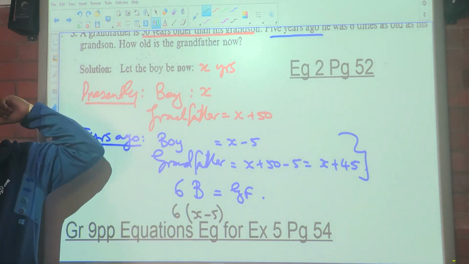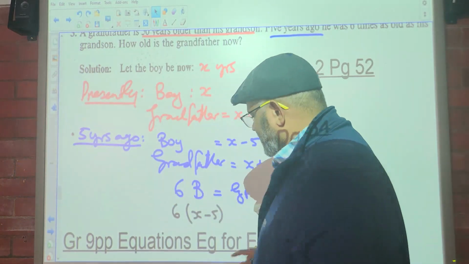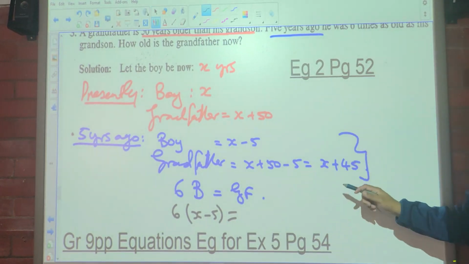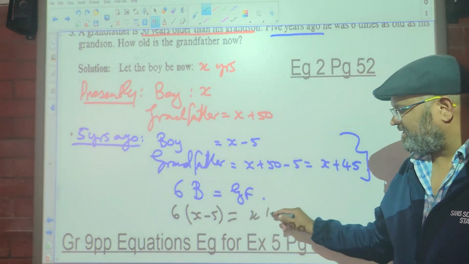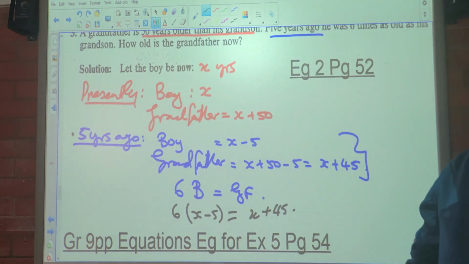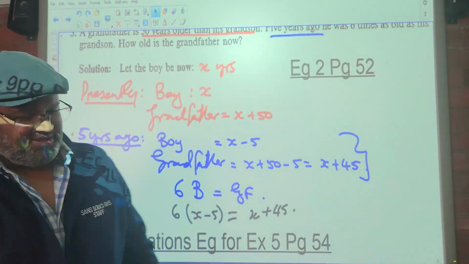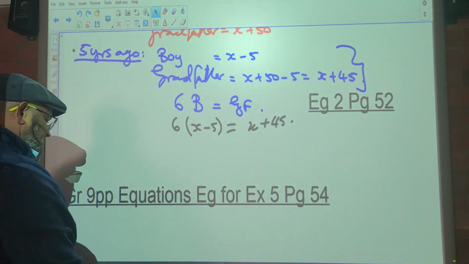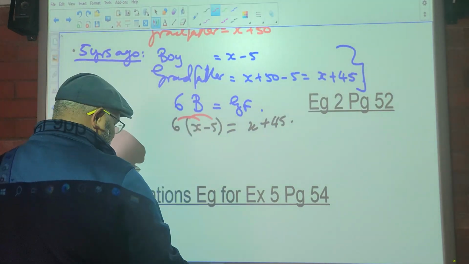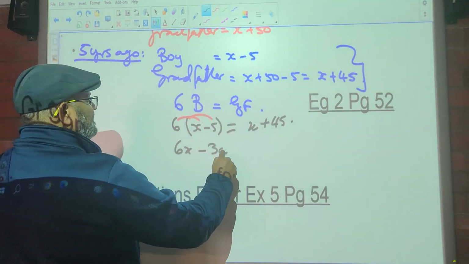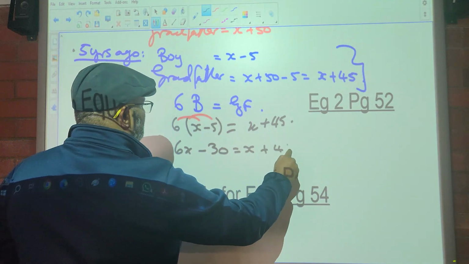So that was 5 years ago. Okay. 5 years ago the boy was x minus 5, and 6 times that is equal to the grandfather's age 5 years ago, which is x plus 45. And people, it's easy. Once I got this part out, the rest is child's play. So 6 times x is 6x minus 30, is equal to x plus 45.